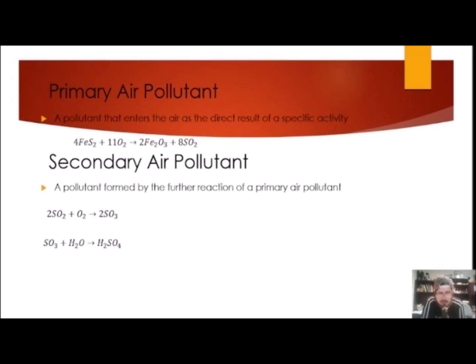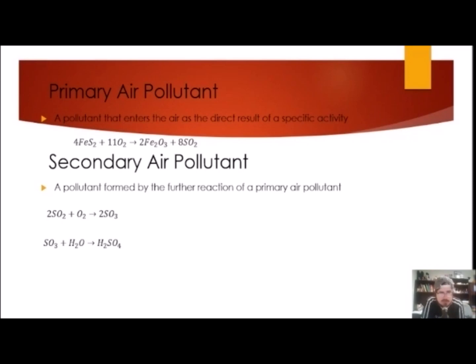Now, sulfur can undergo a variety of oxidation reactions. Sulfur dioxide can oxidize to sulfur trioxide, which is also a highly irritating gas at as low as 1 ppm concentrations. But this sulfur trioxide can also dissolve into water to form acid rain. That H2SO4 is sulfuric acid, the very concentrated acid we use in the chemistry lab.